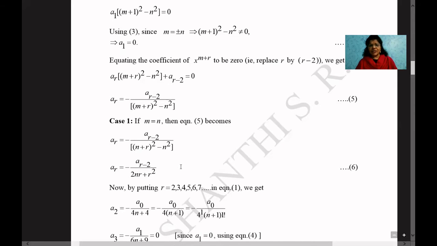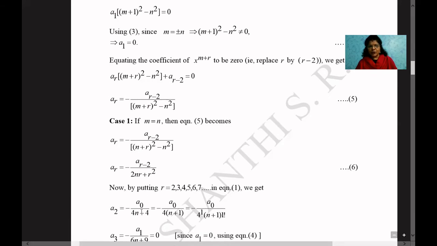Now, in equation 6, I'm going to substitute the values r equal to 2, 3, 4, 5, 6, etc. When I substitute r is equal to 2, what will I get? The a2 value. The very first value I'm substituting. a2 is equal to minus of a0 divided by, in place of r, I'll be getting 4n plus 2 square, 4.